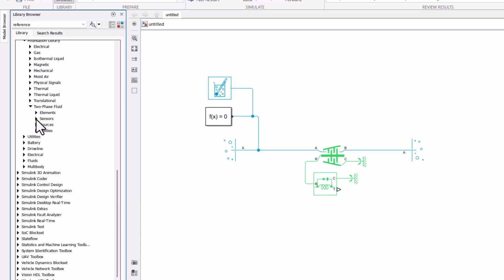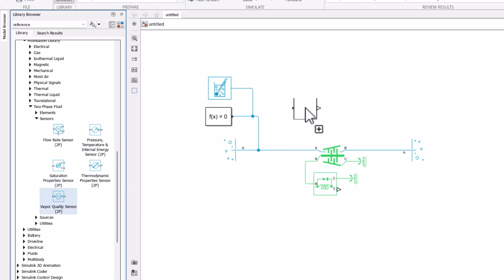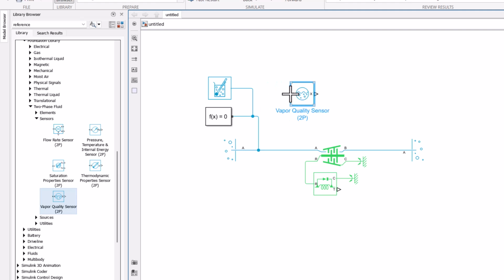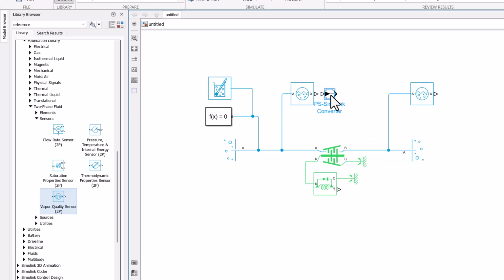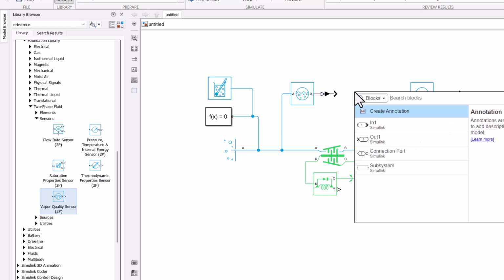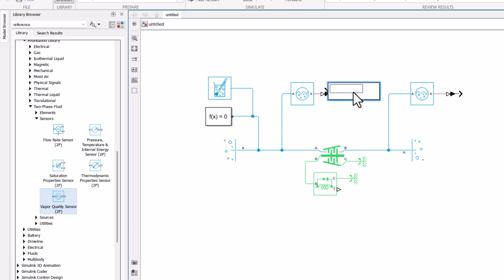So here under the sensors, I want to talk about the vapor quality sensor. I connect the inlet and outlet of the turbine to vapor quality sensors. Vapor quality is basically a dimensionless parameter, so it has no units.